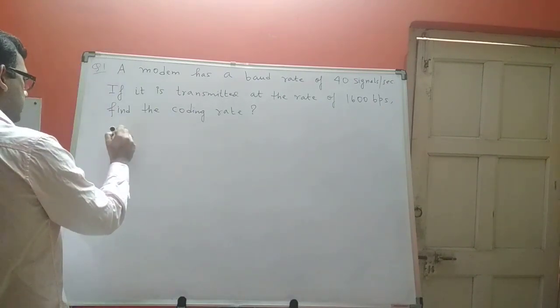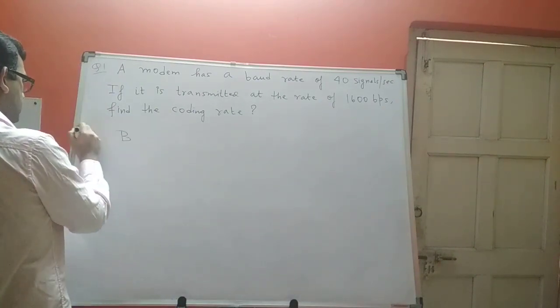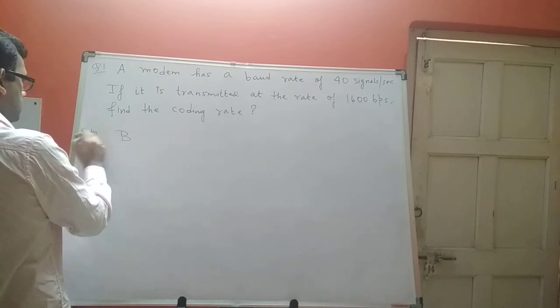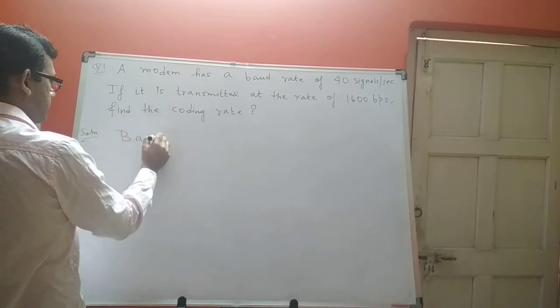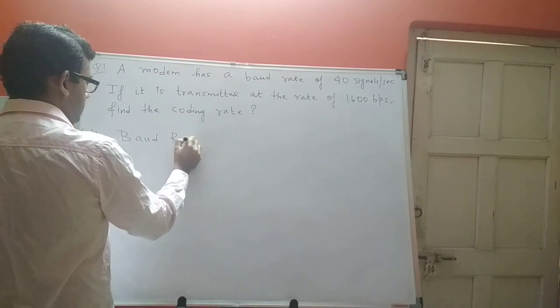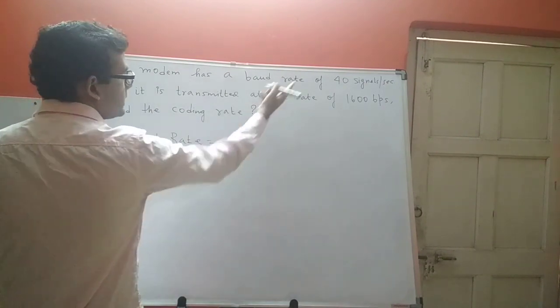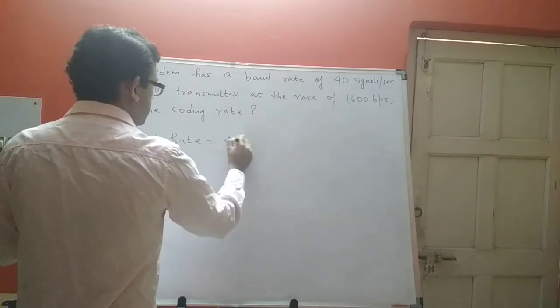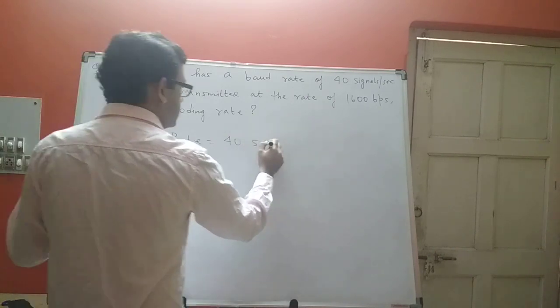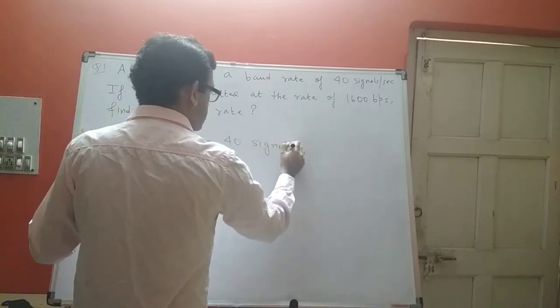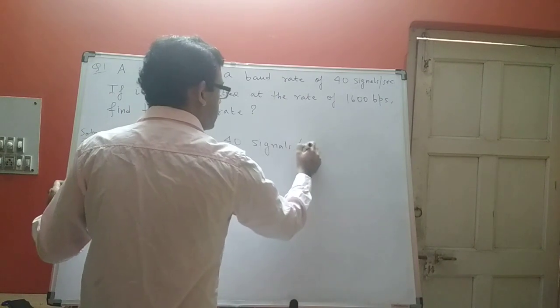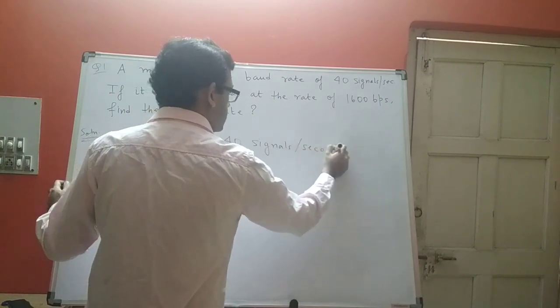So I have been given the baud rate. The baud rate, as you can see, is 40 signals per second.